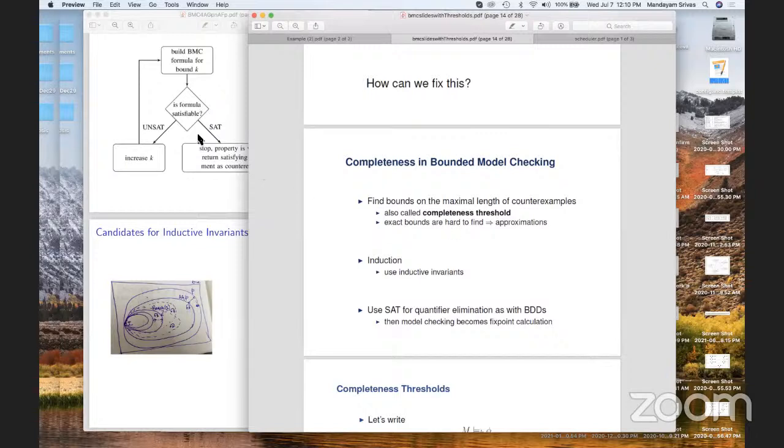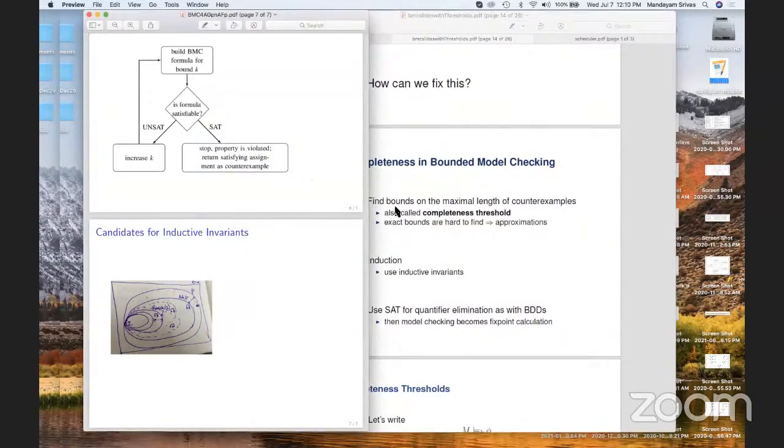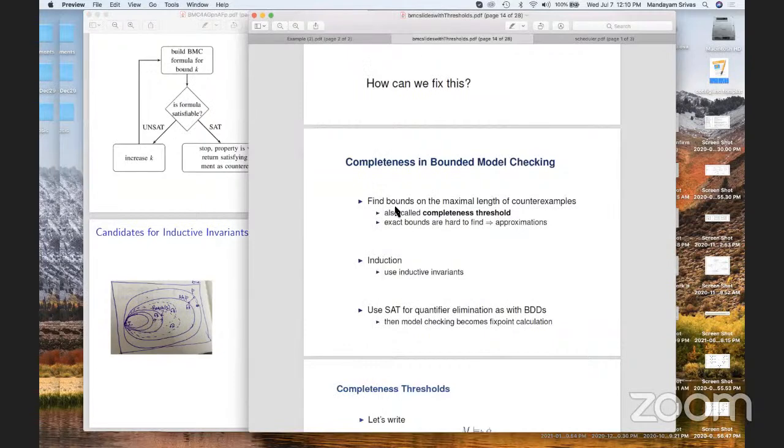And usually these bounds are dependent on the structure of the transition system, how the states are connected by the transition relation, and also on the structure of the property, the formula that is being checked. So that is one way to do it.